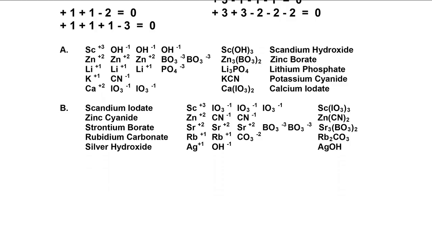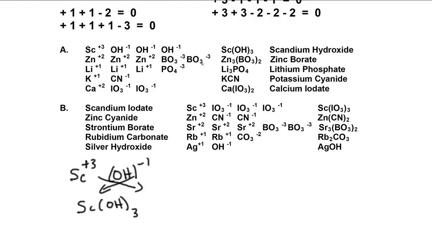We have scandium, which is a +3, and hydroxide, which is a -1. Scandium +3, hydroxide a -1. Play the crisscross game, and we're going to get scandium hydroxide, Sc(OH)3, scandium hydroxide.